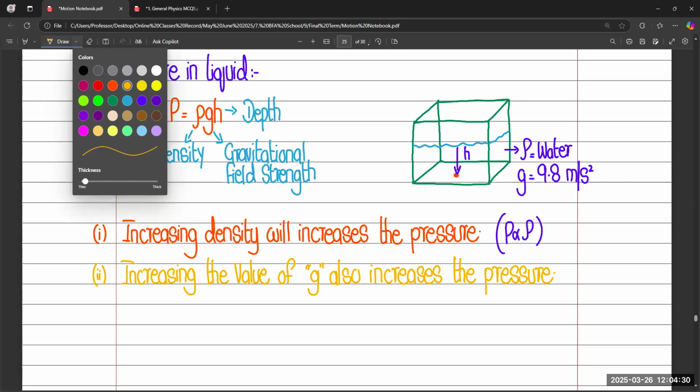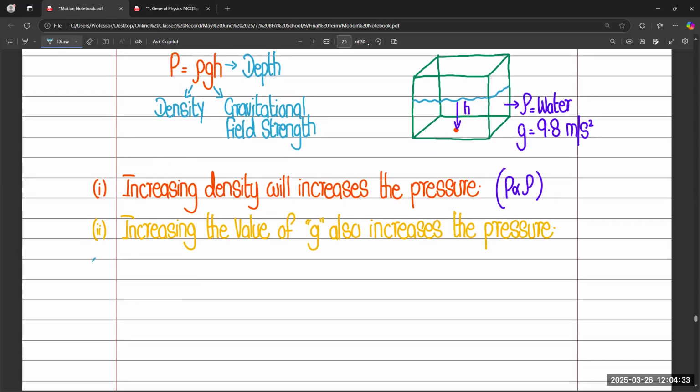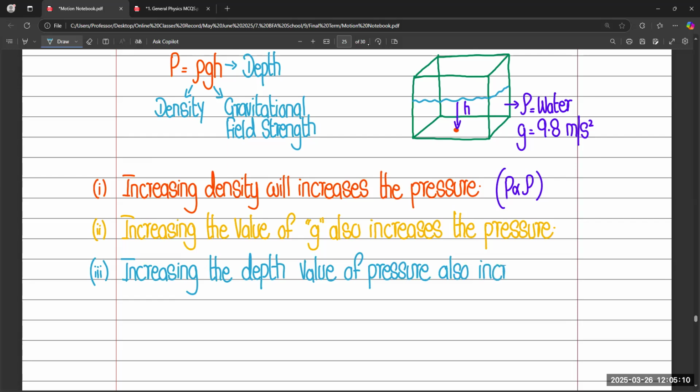And the third factor is increasing the depth, so the value of pressure also increases.